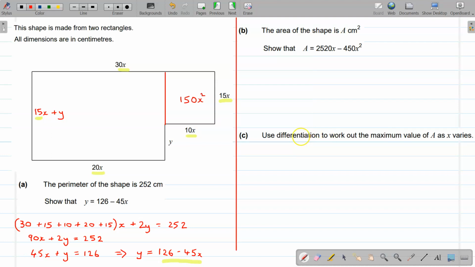And then I've got to do the other one, which is made of 20x times 15x plus y.